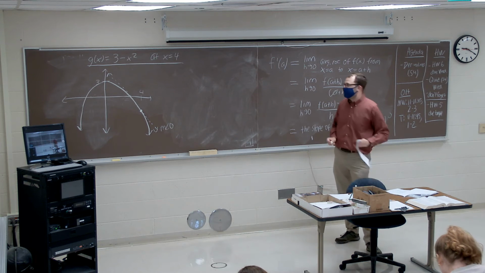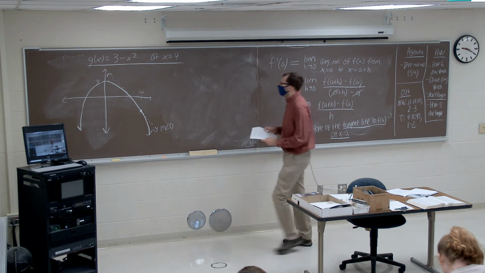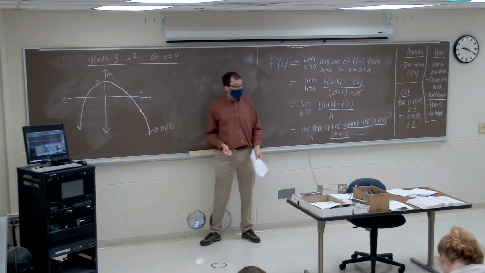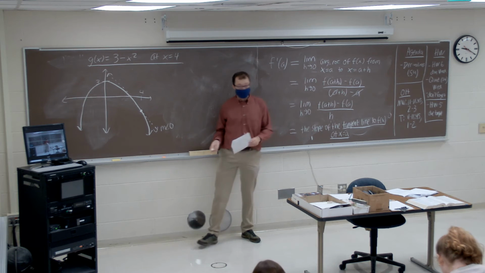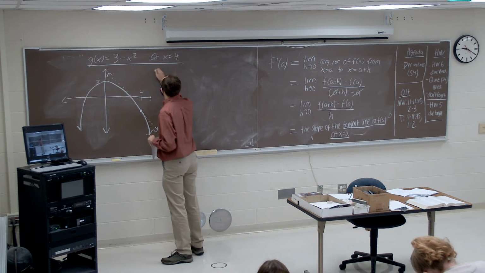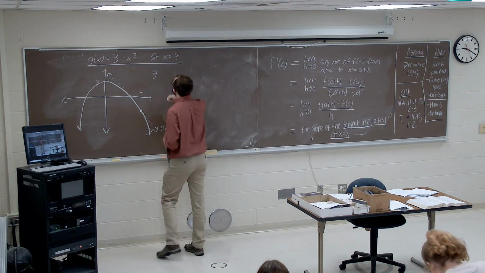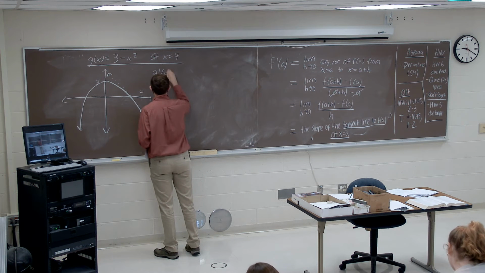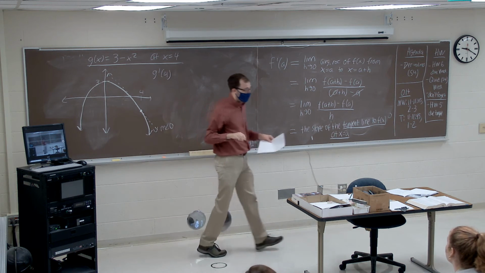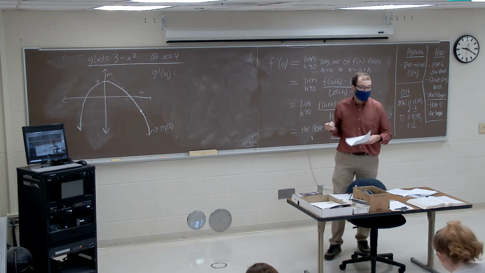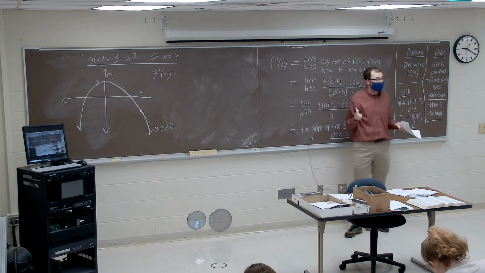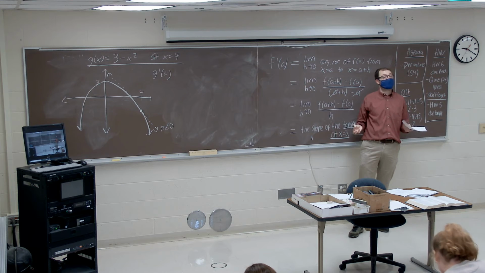So let's see what happens when we compute this and see if we come out to a negative number at the end. So here, to say that I'm going to take instantaneous rate of change, I'm going to write g prime of 4. Prime means instantaneous rate of change. It means we're taking a derivative.